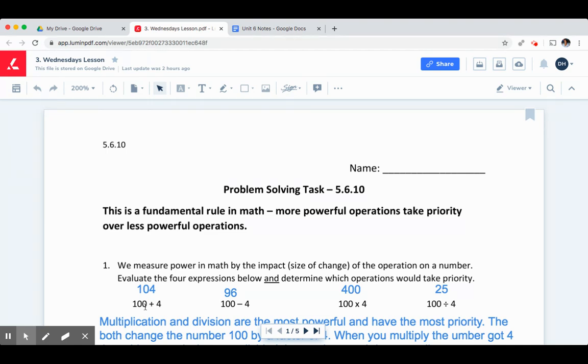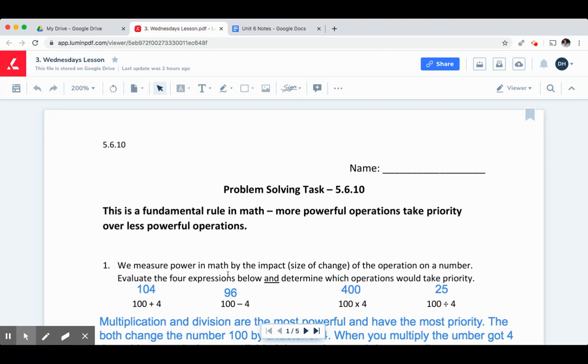I noticed that when we did addition and subtraction, the number changed by 4. Meaning that 100 plus 4 became 104, and the difference between 100 and 104 is 4. 100 minus 4 is 96, and the difference between 100 and 96 is 4.